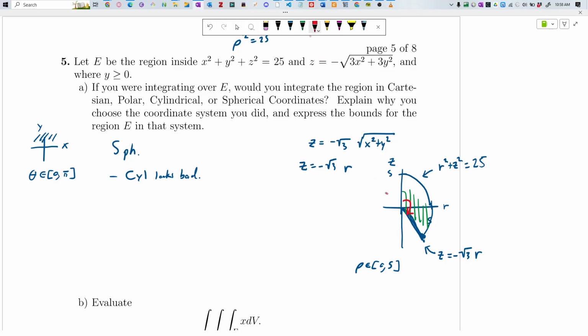Okay, so what is this angle? Hmm. There's probably a way to do it.